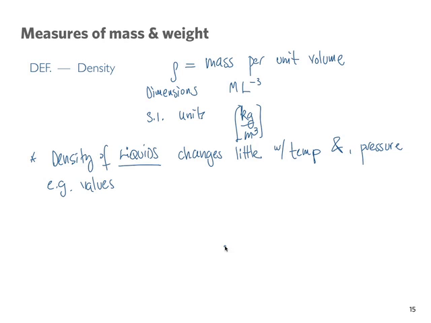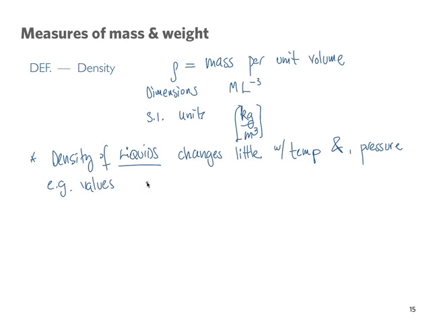And so if you have 1 meter by 1 meter by 1 meter, a very large cube of water, how much do you think that weighs? 1,000 kilograms, excellent. So that is the density of water, 1,000 kilograms per cubic meter.